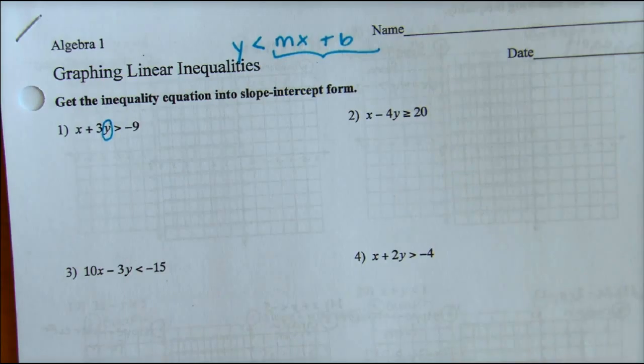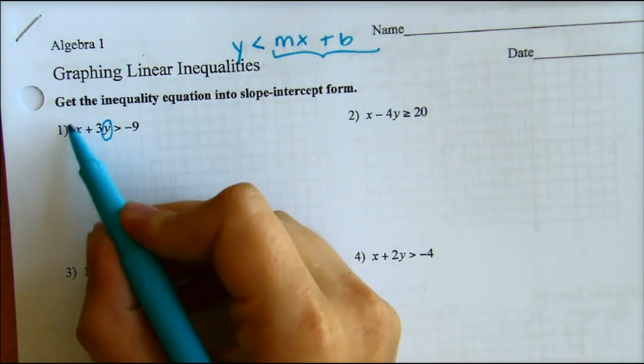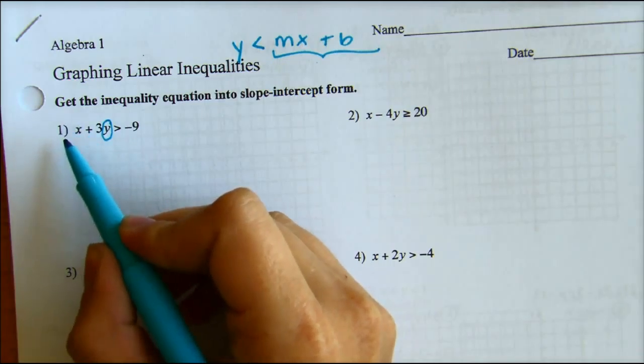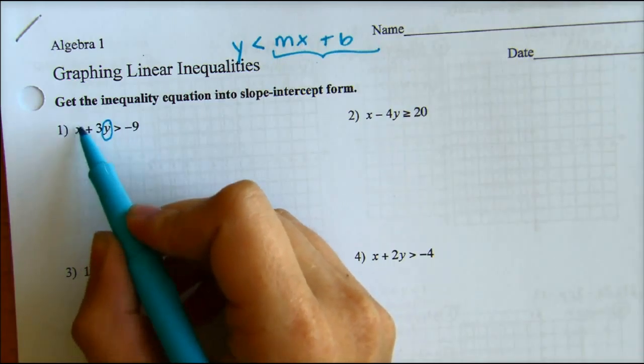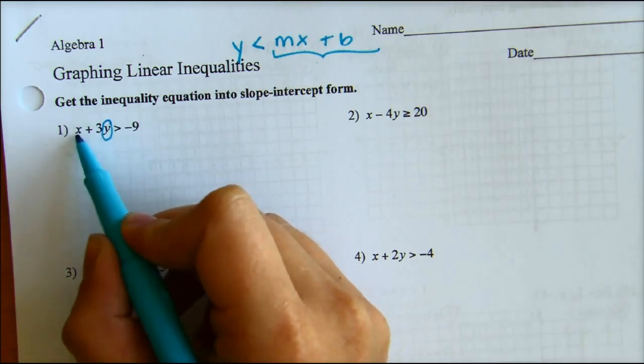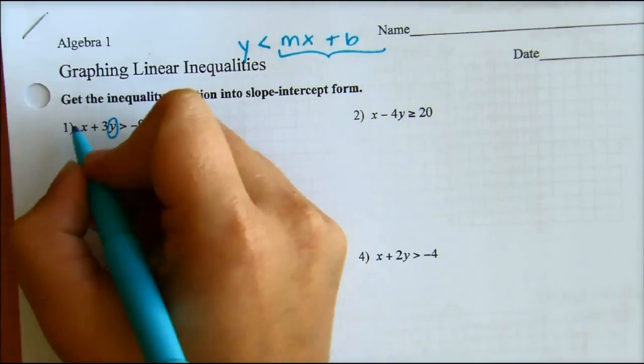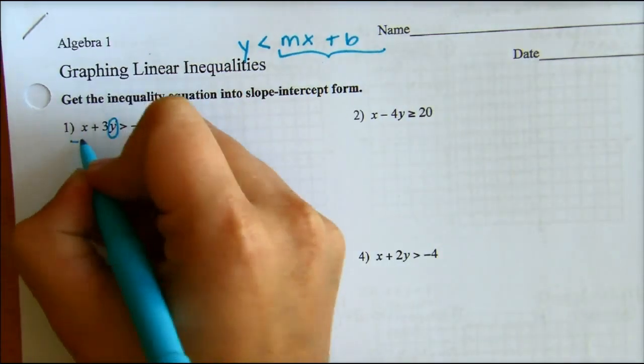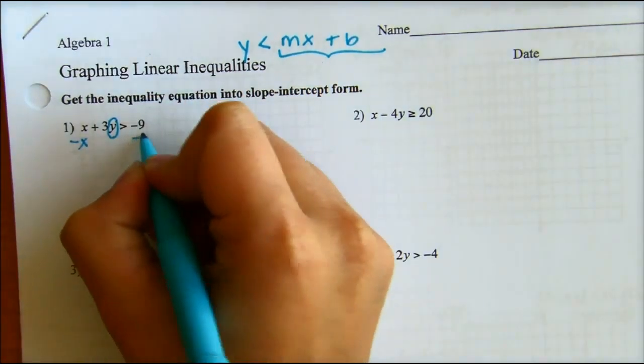This term is always going to have an x with it. So I want to get rid of this x. There's a plus sign in between the y and the x. To get rid of that, because it's positive, I'm going to subtract x from both sides.